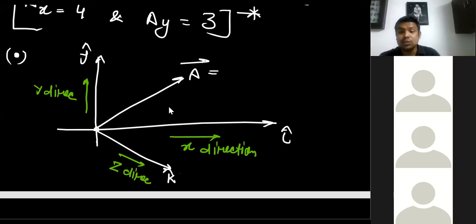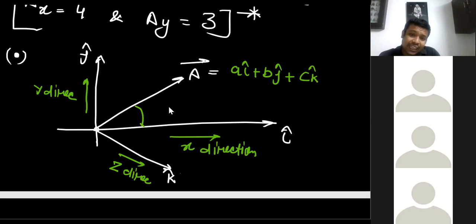Clear, my dear friends? If the vector A is A I cap plus B J cap plus C K cap, then the question is asked about what is the angle made by vector A from I axis? That is alpha.